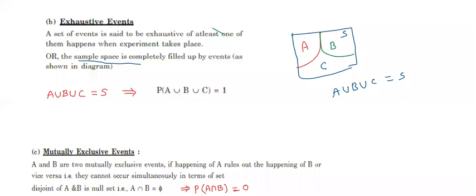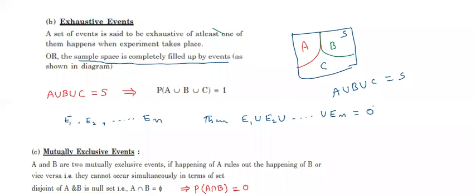So the sample space is completely filled up by events. Yes or no? Or we can say it another way also. E1, E2, E3, and so on, En are said to be mutually exhaustive events. Then E1 union E2 union E3 union, and so on, En is equal to the sample space.